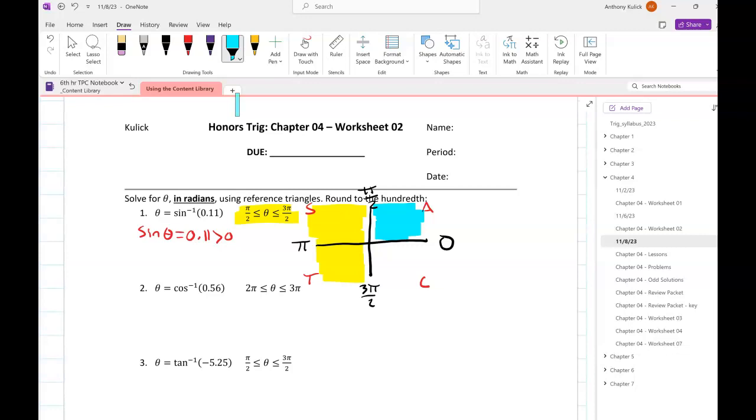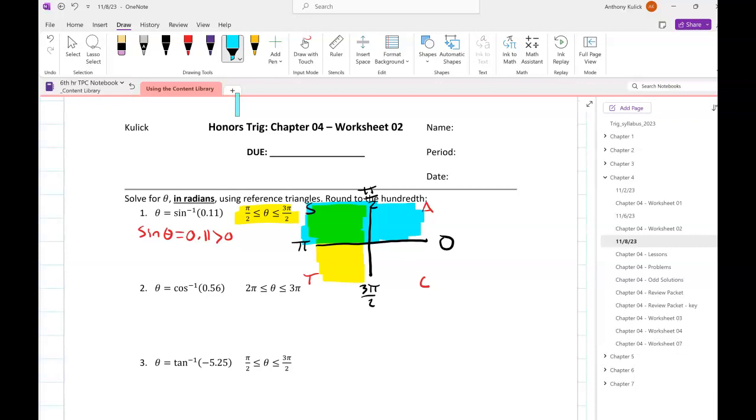S stands for sine is positive in the second quadrant, but cosine and tangent would be negative. But we're talking about sine, so that includes quadrant 2 as well. T stands for tangent is positive, so sine and cosine would be negative, not one that we want because our sine is positive.